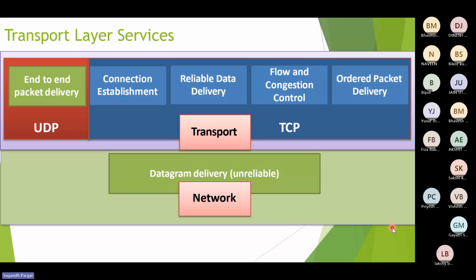So now we see what the typical services offered by the transport layer are. The network layer helps to transfer the data from one node to another, but that data transfer or datagram delivery might be unreliable. That can be explained with a simple example, as your professor has also explained earlier.